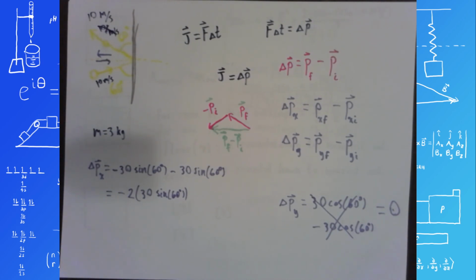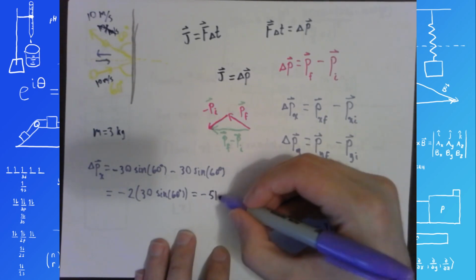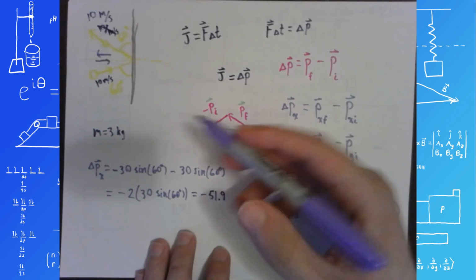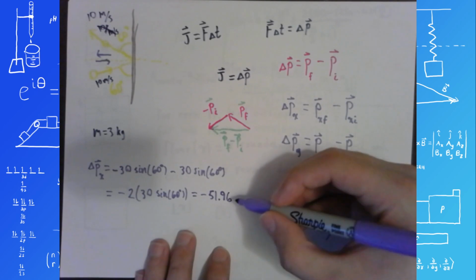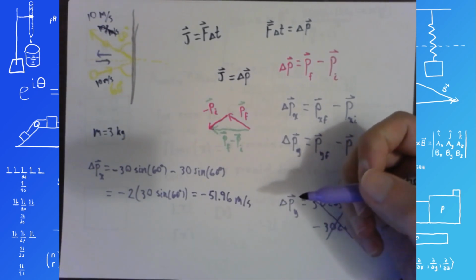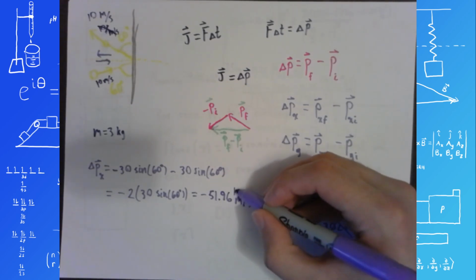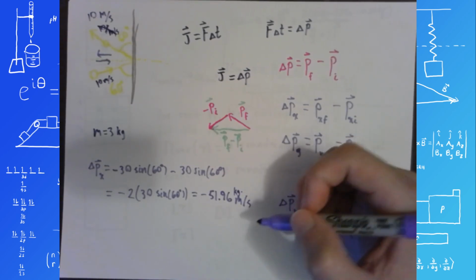So negative 2 times 30 times sine of 60 degrees is negative 30 root 3. I would appreciate it if this calculator would stop simplifying things to roots. Equals negative 51.96. Okay, and the meaning of the negative is just that it's to the left, so we can actually drop it. We can just say 51.96. Wait, did I say meters per second? Kilogram meters per second.